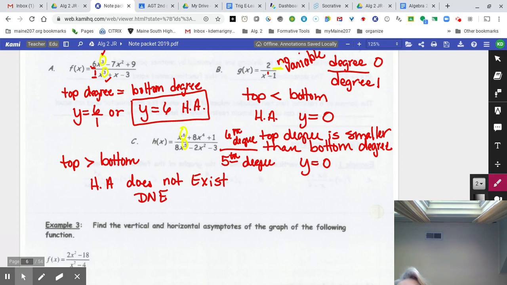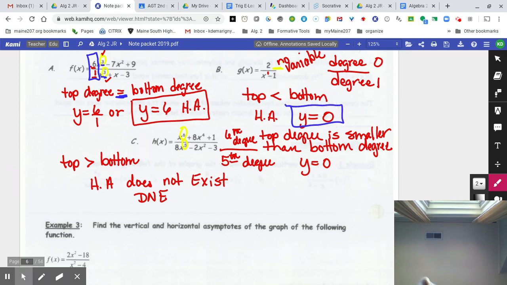All right, so let's review this real quick because we had one of each example. For our first one, the top was a 3 and the bottom was a 3. Since they're equal to each other, it's lead coefficient over lead coefficient, 6 over 1. And the second one, the top degree is 0, the bottom degree is 1. So when the top degree is smaller than the bottom degree, then my horizontal asymptote is automatically y equals 0.